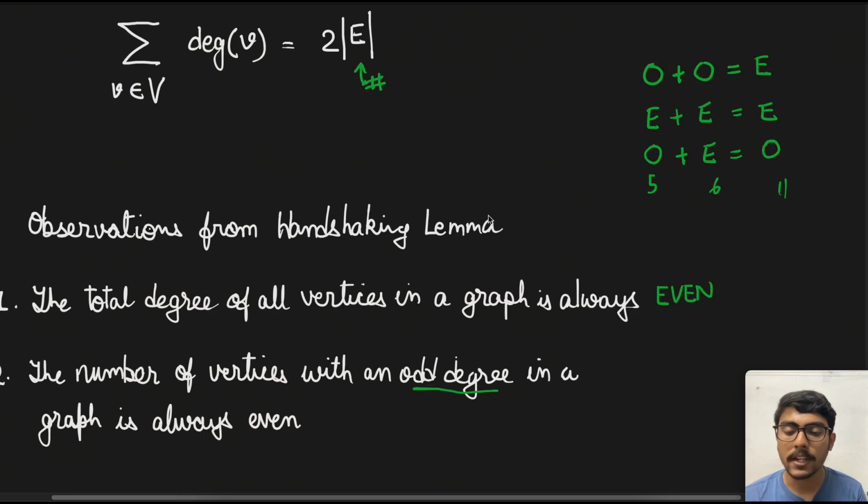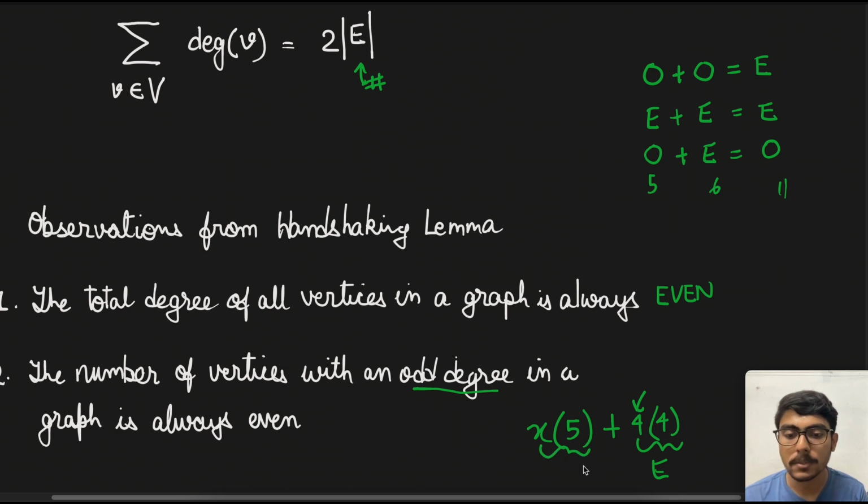Let me explain it in this way. Let's say we have the number of vertices having odd degree as x. The odd degree can be anything, let's take it 5, and then we have, let's say, the even degree as 4, and the number of it is any number. Let's say we take it as 4 for the time. Whatever number we take in this part, it doesn't matter, the entire part will be even.